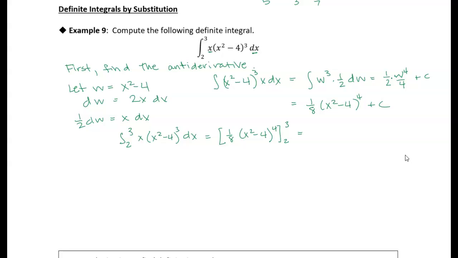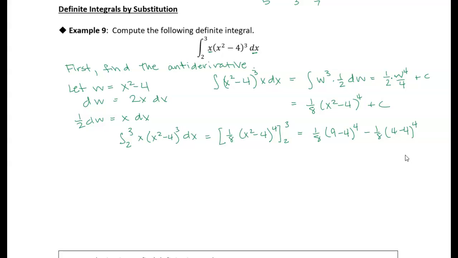Then it's just a matter of plugging in the upper and lower limits. So we get 1/8, and if I plug in the upper limit, that's 3. 3 squared is 9, minus 4, to the 4th, minus 1/8, and plug in the lower limit, I get 4 minus 4 to the 4th.